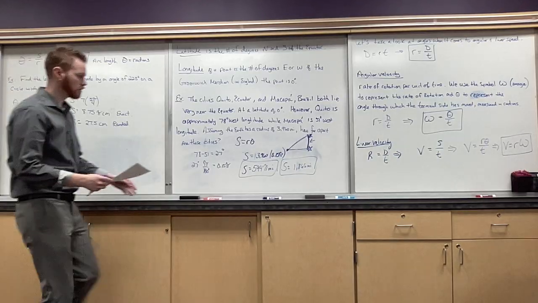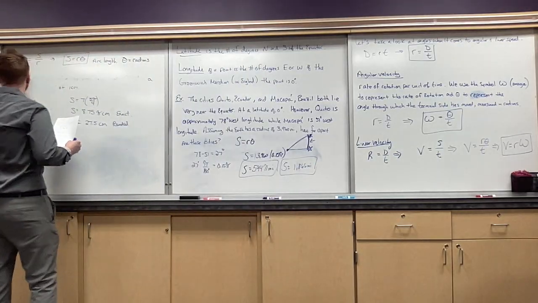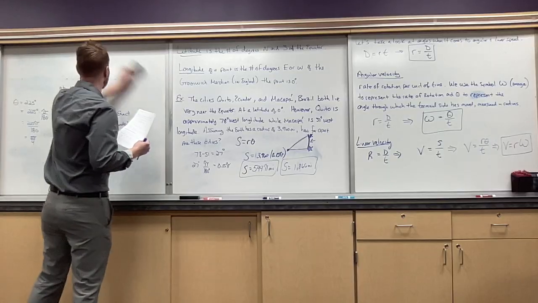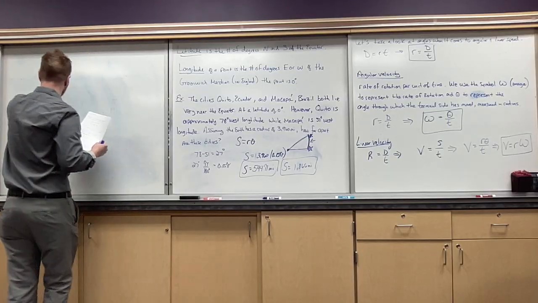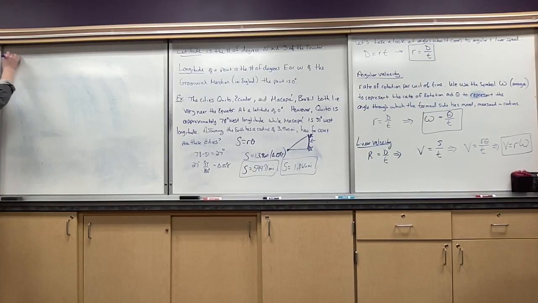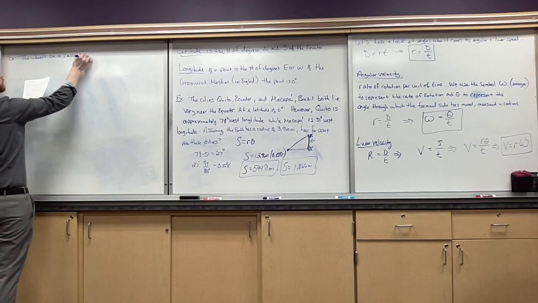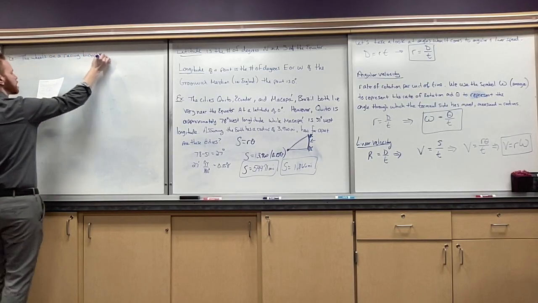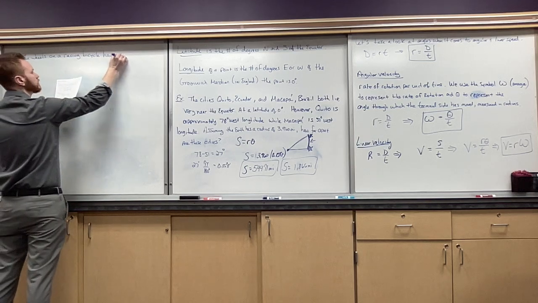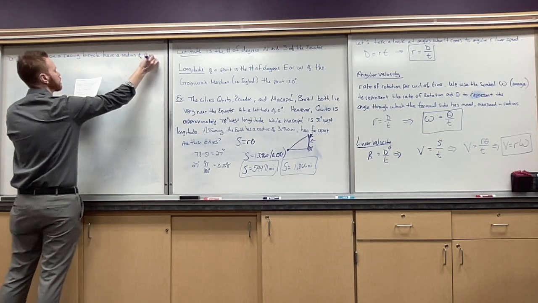Okay. Let's try these formulas out. We have here that the wheels on a racing bicycle have a radius of 13 inches.